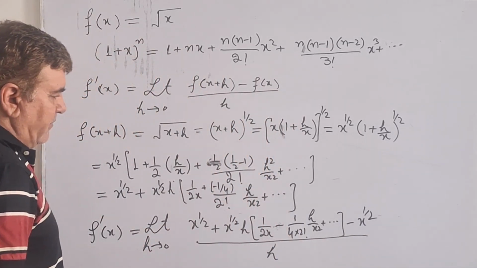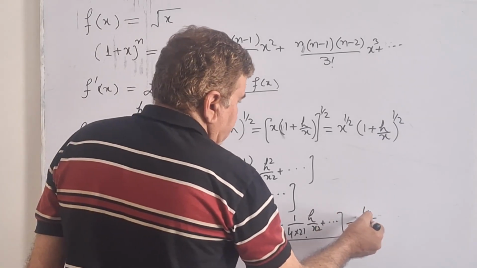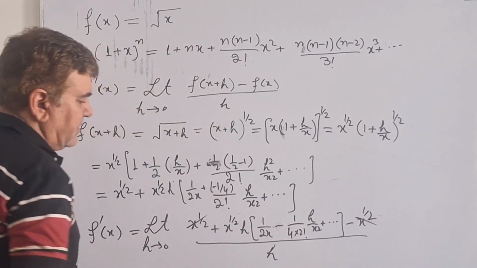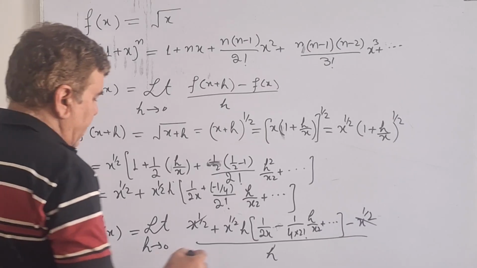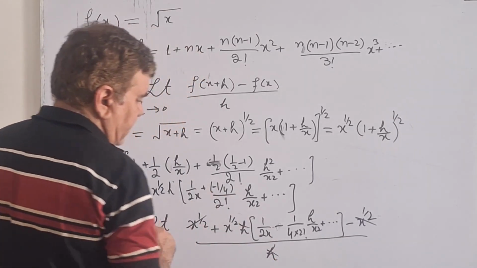So that's the form. Now we see this minus x power half cancels with the plus x power half, and I can cancel this h with this h.